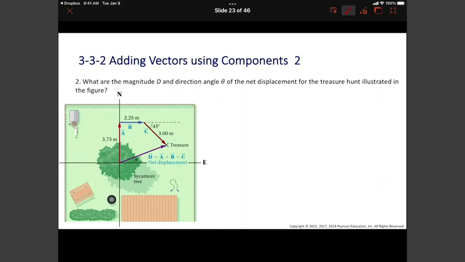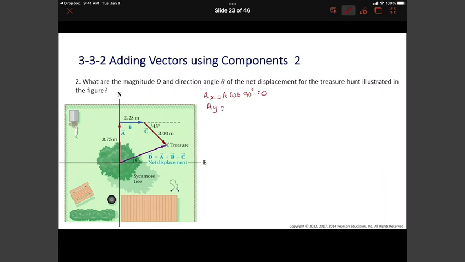So Ax is equal to A cos 90 degree. Here we can say that the vector A is pointing in the y direction, therefore its x component should be 0, and if we substitute the values we get 0.